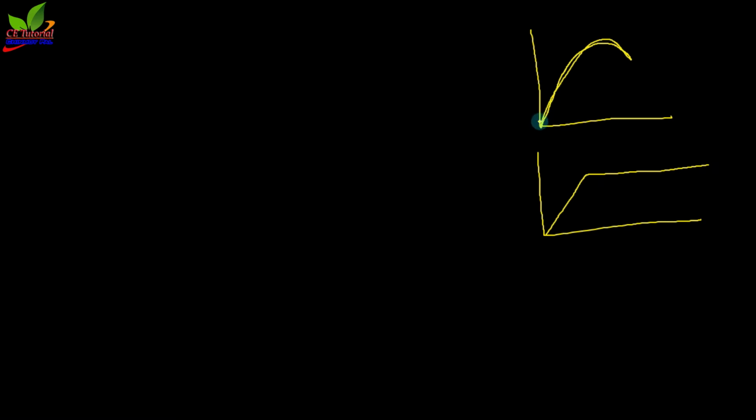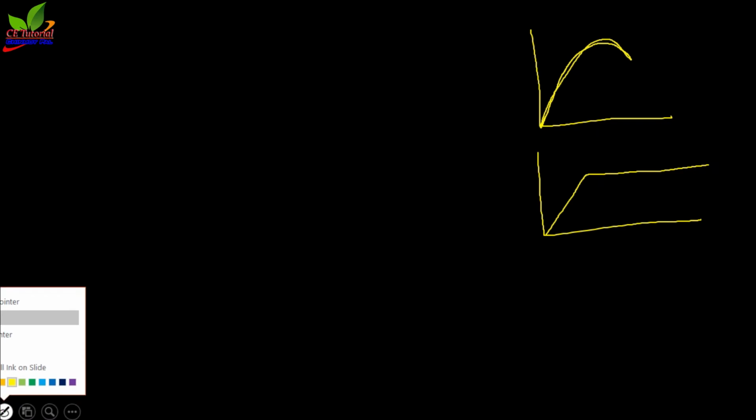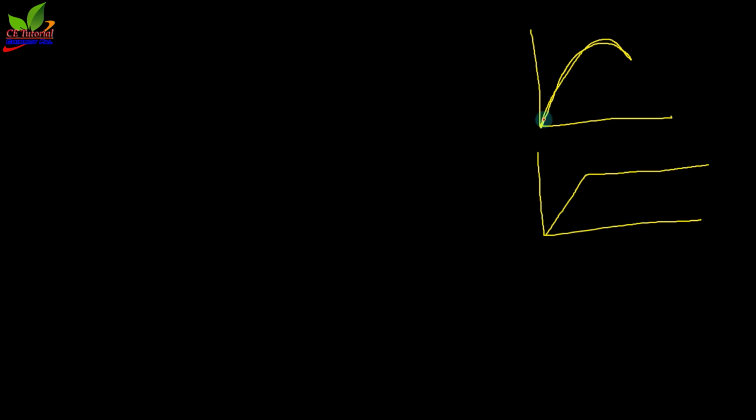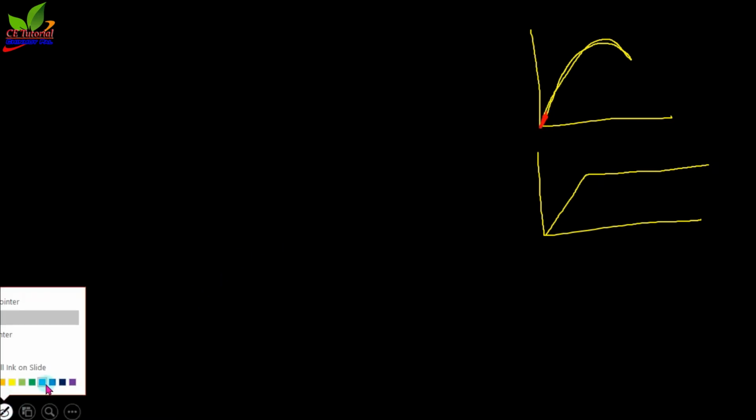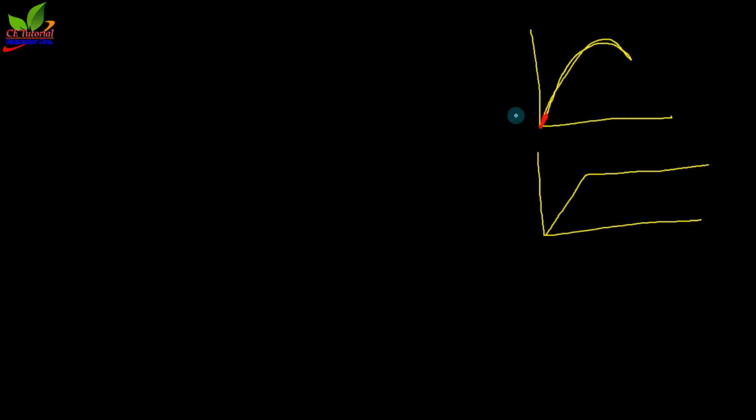Actually it is parabolic, and there is a little bit of straight line at the very beginning. Now we are considering this level of stress in the working stress method.